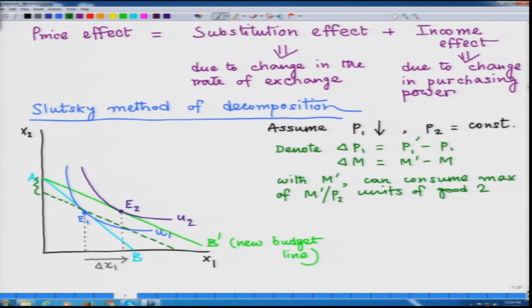Earlier it was M over P2. So, that is why we observe a fall in the intercept along the x2 axis. This is due to the money income adjustment.